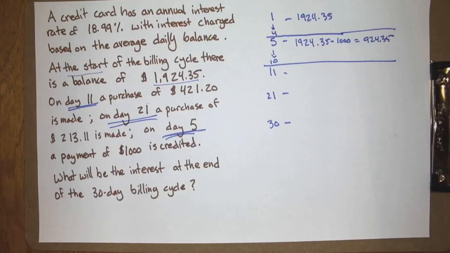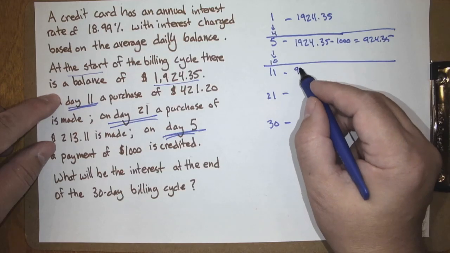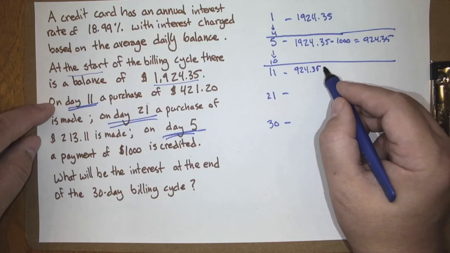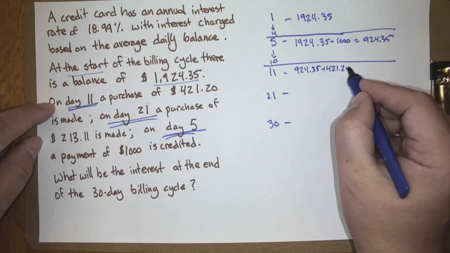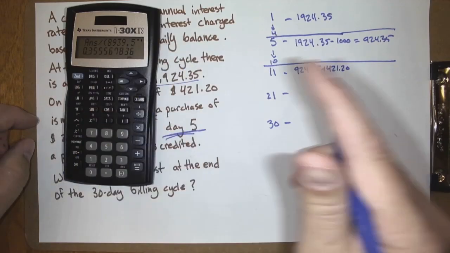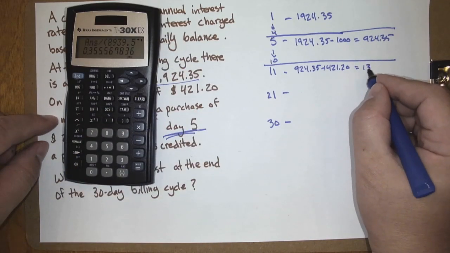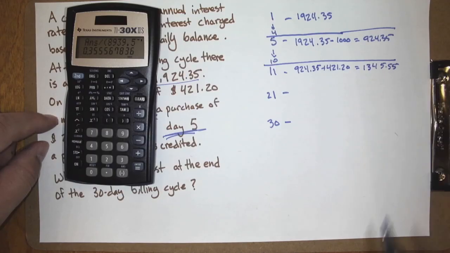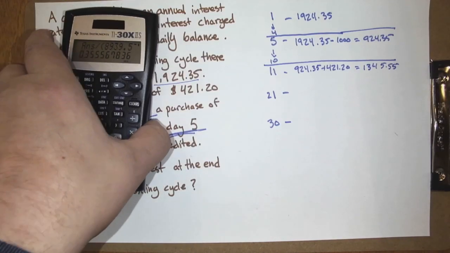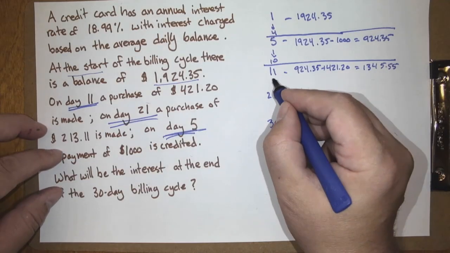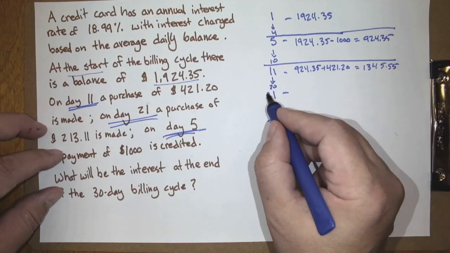What happens? A purchase. So we take $924.35, our running total, and add $421.20, which is $1,345.55. And that's going to be true up through day 20.